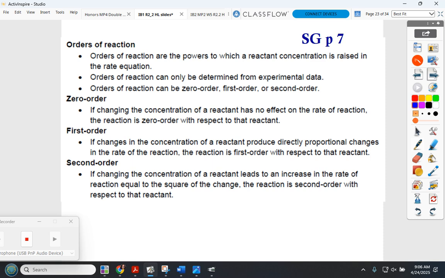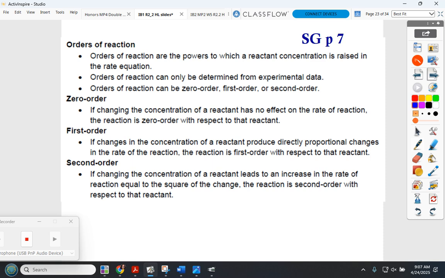Okay, that's obviously not going to happen in a unimolecular reaction because that wouldn't make any sense. If we only have one reactant, then changing the concentration is in fact going to change the rate. But if we have multiple reactants, sometimes one of those reactants doesn't affect the rate. It's the other reactant that determines the rate.